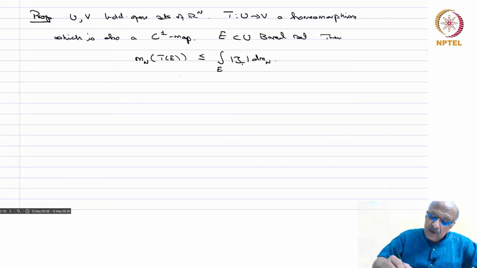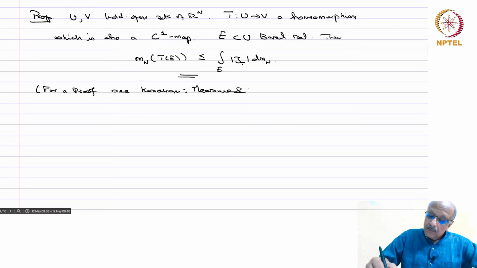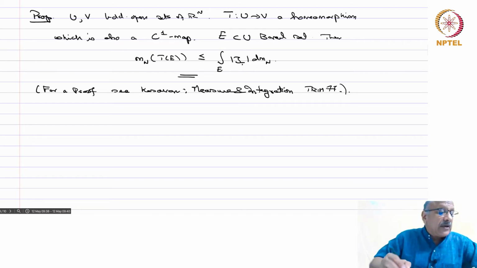The proof of this is somewhat tedious, very technical and very delicate also, and long, and therefore I will omit it. For a proof, see my book which we are following, Measure and Integration, from page 77. So you can see a full proof of this inequality there.